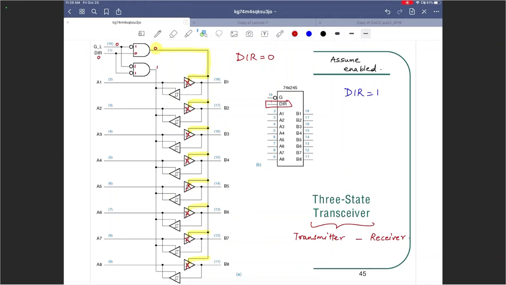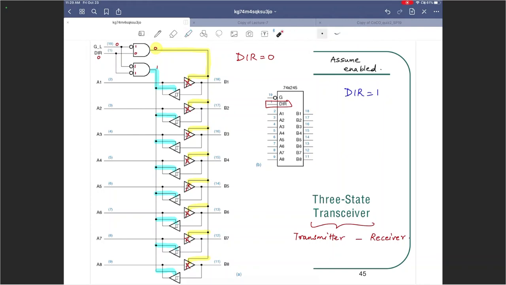But what is enabled? The things that are in blue. So this guy is enabled. This guy is enabled. Enabled, enabled, enabled. All these are enabled. The blue lines. So tell me, what is the direction going to be? Right to left or left to right?